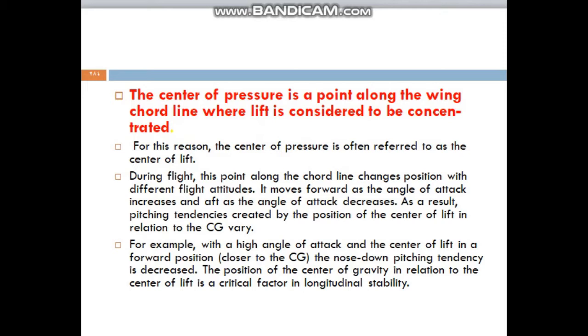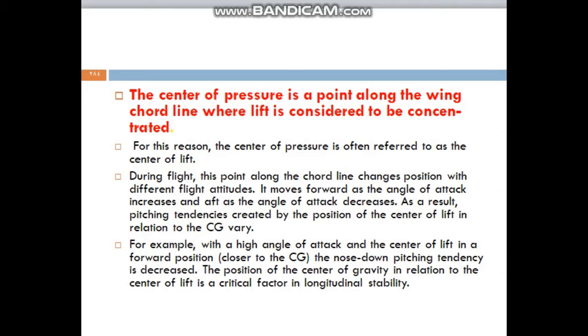As a result, pitching tendencies created by the position of the center of lift in relation to the center of gravity vary. For example, with high angle of attack and the center of lift in a forward position, the nose down pitching tendency decreases.